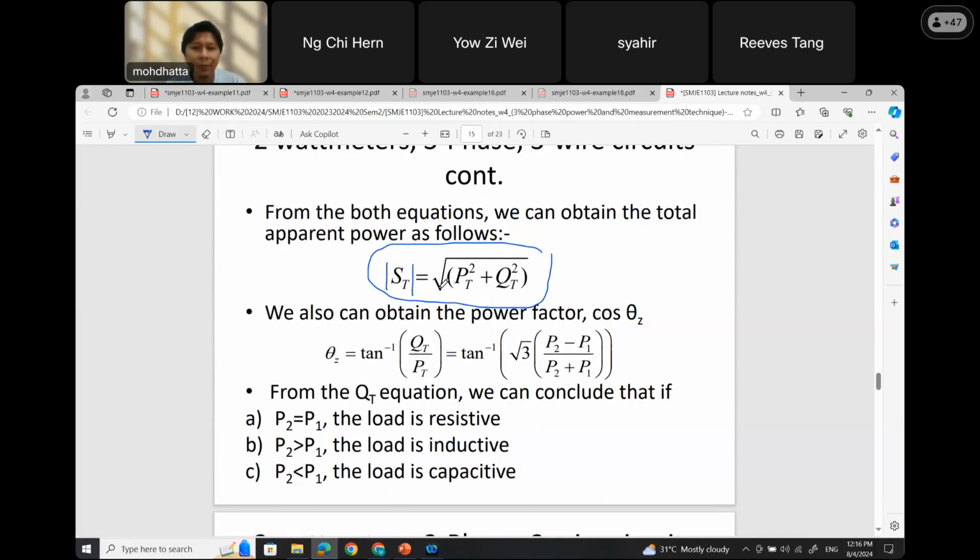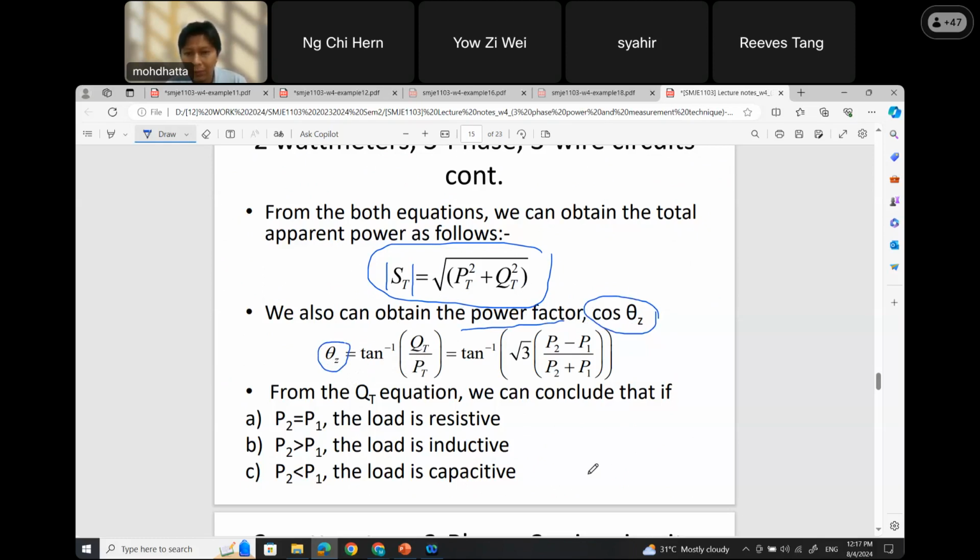And since we have all the information of P, Q, S, we can also get the power factor, where power factor is given by cos theta. Please remember, power factor is cos theta. And the one that you see over here is the way to calculate the theta itself. Theta Z comes from tangent inverse of Q total divided by P total.